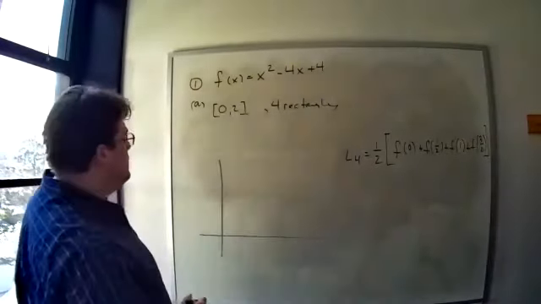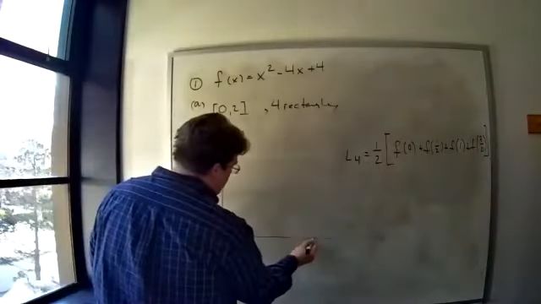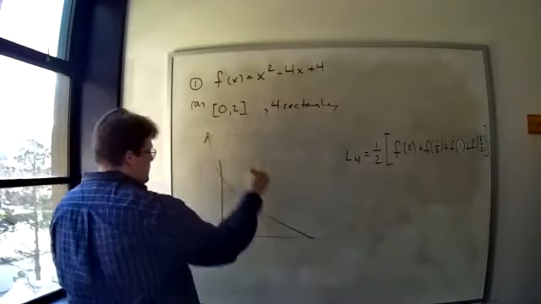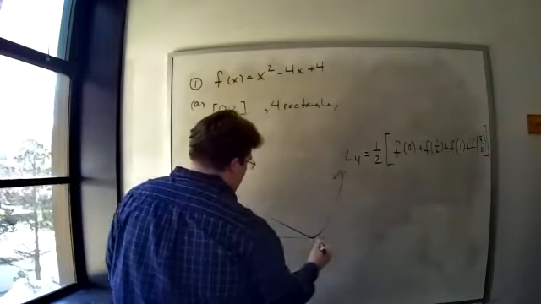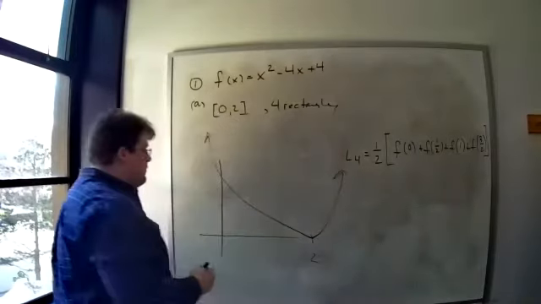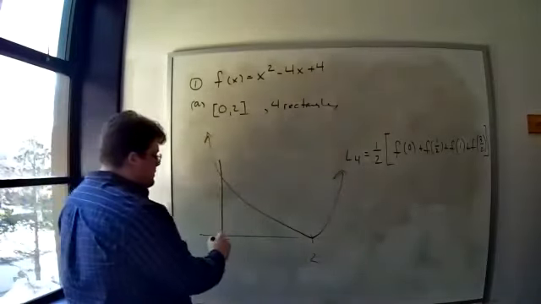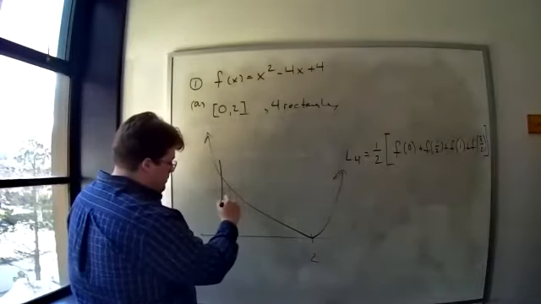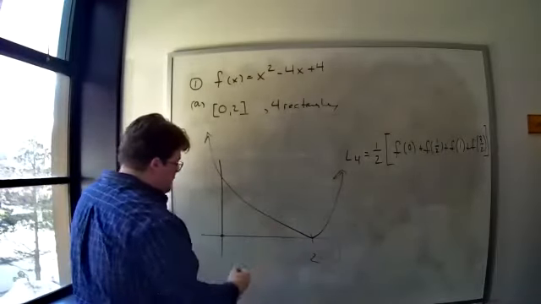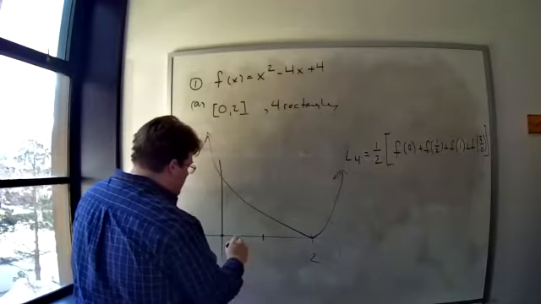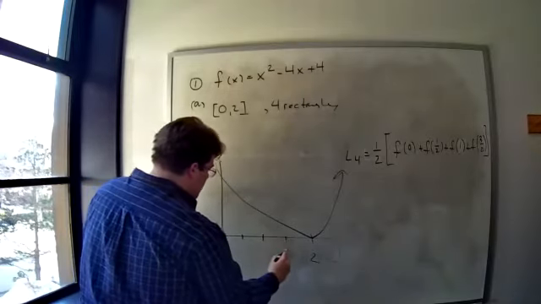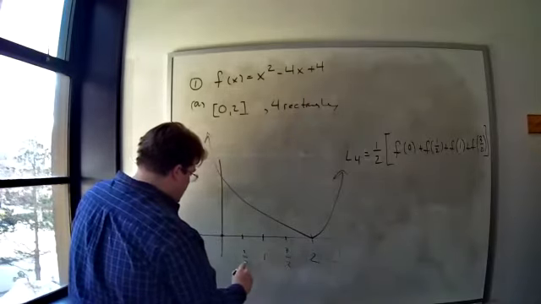So if we look at this function, I'll just tell you right now, this function will look like this. More on that in a moment. But we're looking at the area between 0 and 2. So this triangular type area. We're dividing this into 4 pieces. We're getting these points.